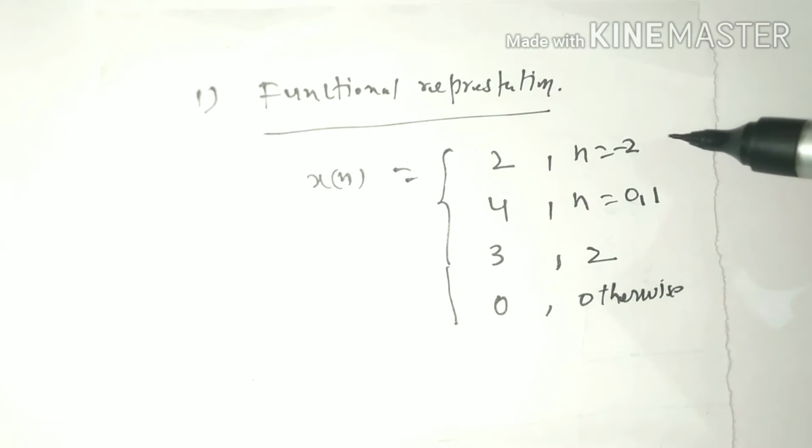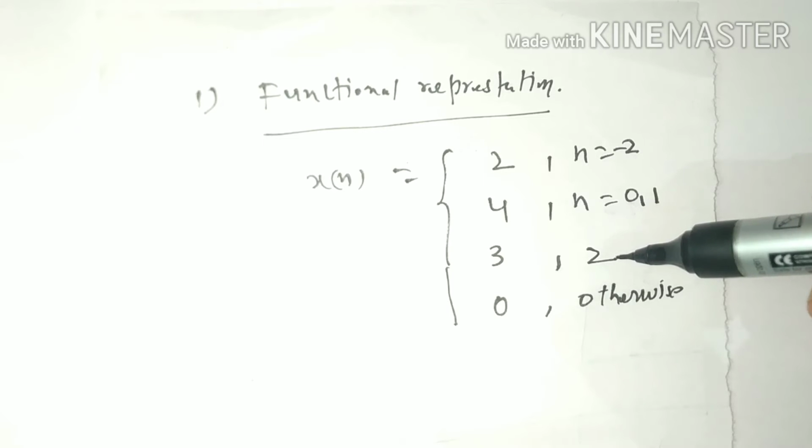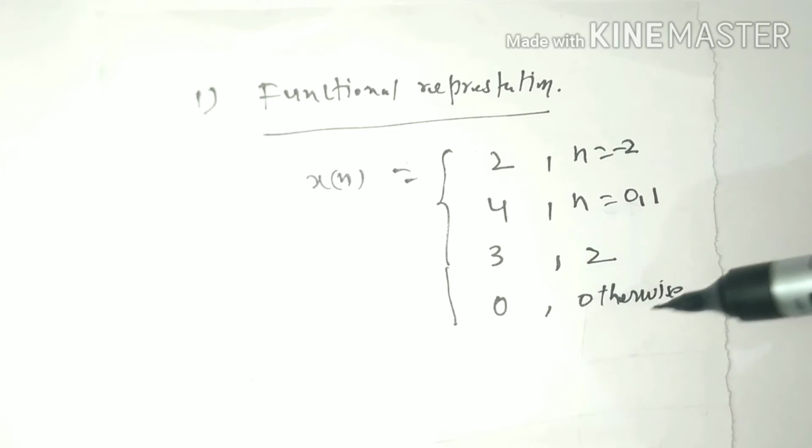It gives values at minus 2, 0, 1 and 2, otherwise it is 0.